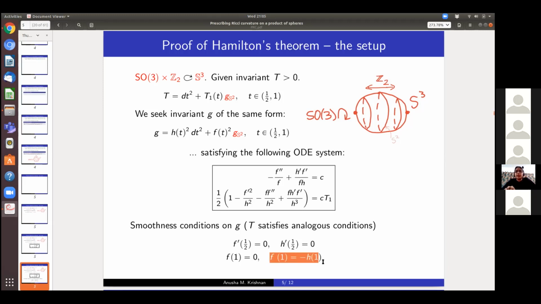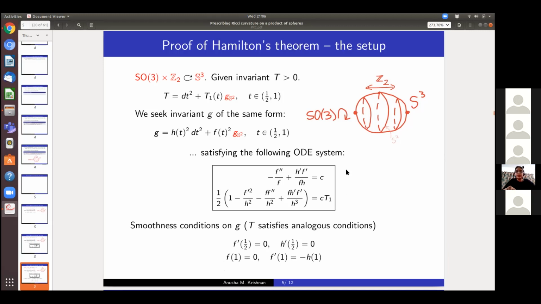It vanishes, and it also vanishes with specified derivative. Similarly, since I'm asking for reflection symmetry about this middle orbit, the functions at t equals 1/2 are even. Okay, so the existence question now is an existence question for an ODE system satisfying these boundary conditions. Actually, for the metric to be a smooth metric, there are infinitely many boundary conditions. And this is something that Hamilton didn't address in his original proof. And if time permits, maybe I will talk about how we address that in our work.